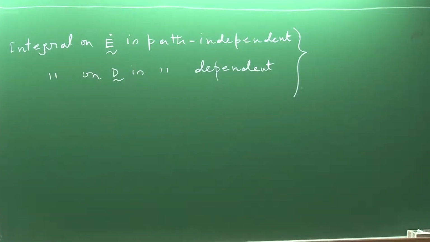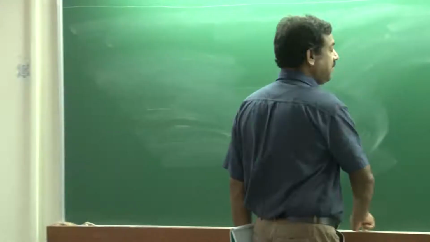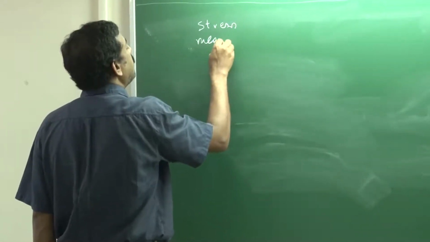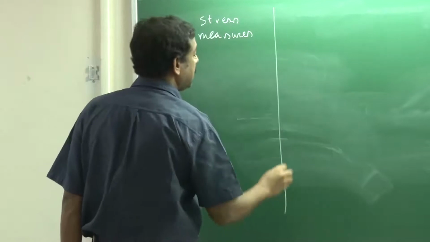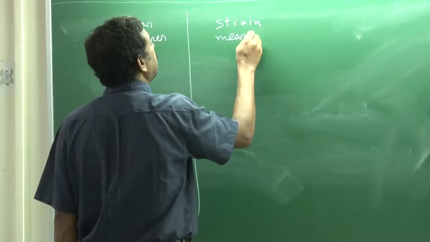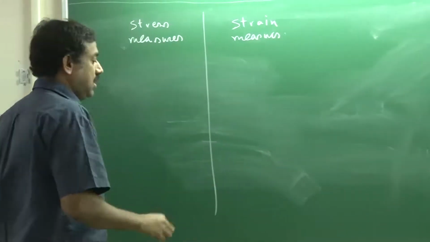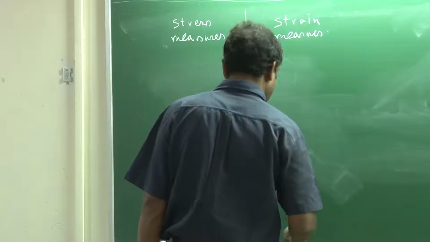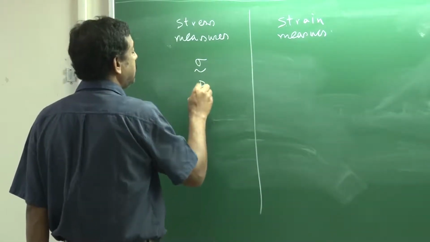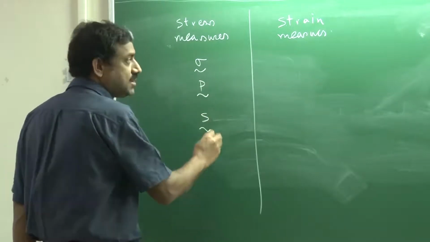So, now what we are going to do: we have defined a number of stress measures and a number of strain measures. The stress measures were sigma, the Cauchy stress, and then the first Piola-Kirchhoff stress tensor and second Piola-Kirchhoff stress tensor.